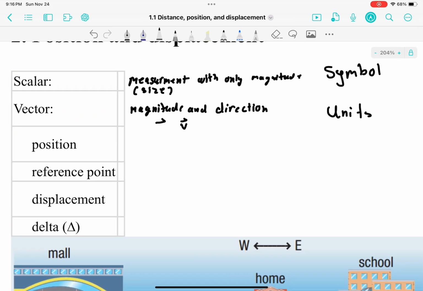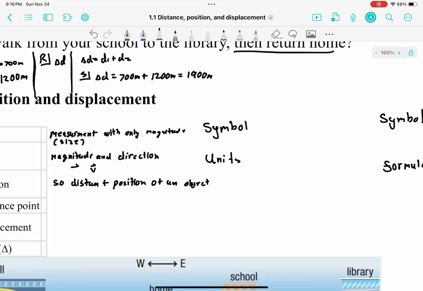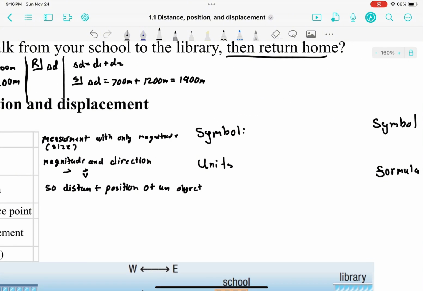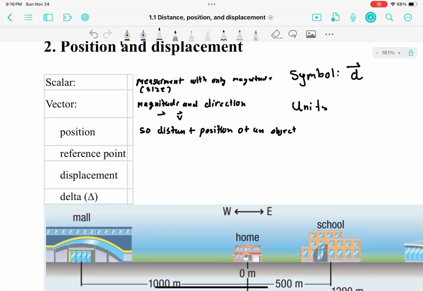Next, we're going to be looking at position. Position is basically the distance and direction of an object from a reference point. The symbol we can use for that is just going to be a D, but with a vector sign, because we are now taking into account its direction.